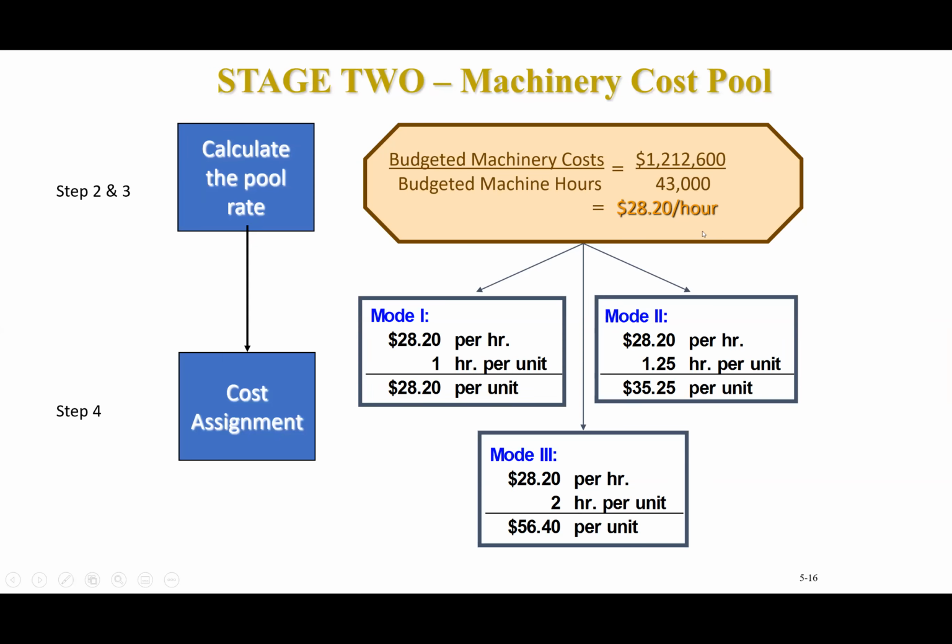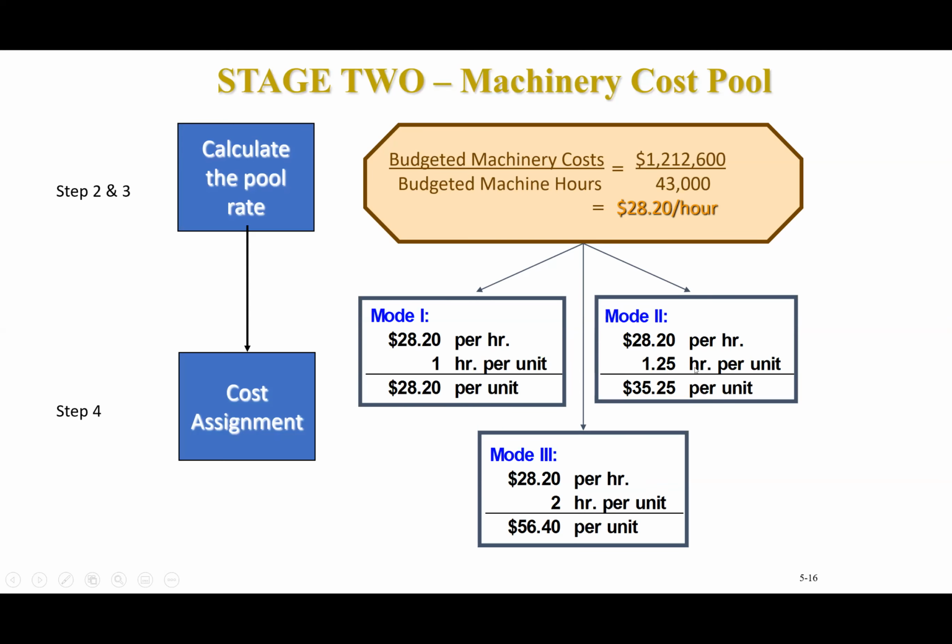So we can calculate the average, how much does it cost us per machine hour? We were able to calculate $28.20 per machine hour. So for Model 1, per unit, it takes us 1 machine hour. Therefore, per unit of Model 1, our cost allocated from the machinery pool is $28.20.